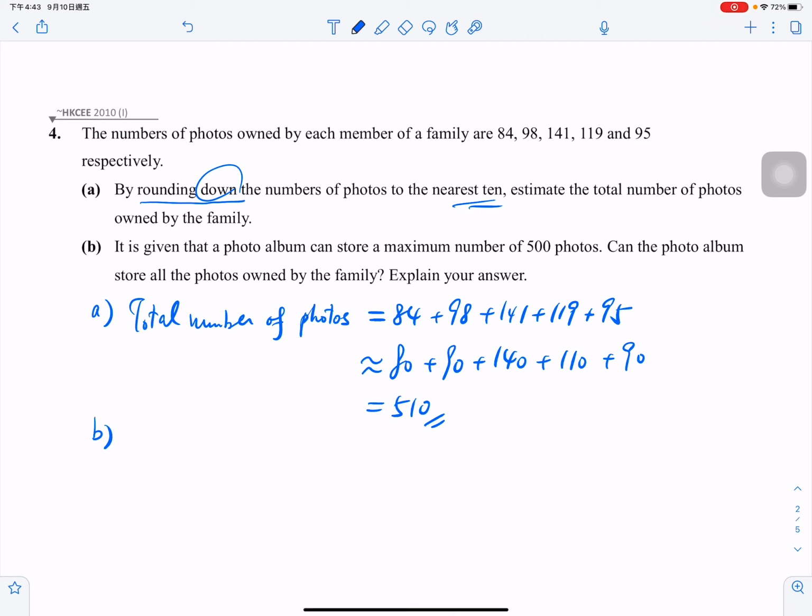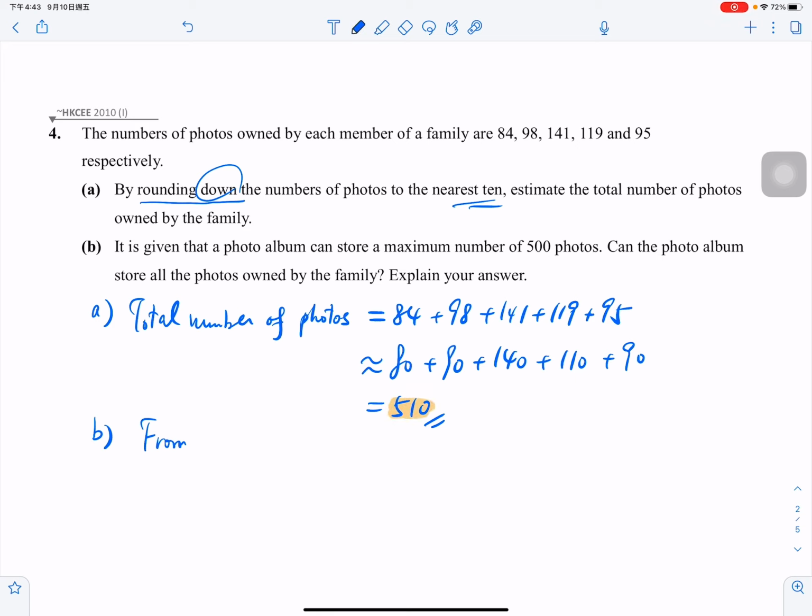Part B. It's given that a photo album can store a maximum of 500 photos. Can the photo album store all the photos owned by the family? Explain your answer. Because in part A you rounded down already, the total number of photos must actually be greater than 510.